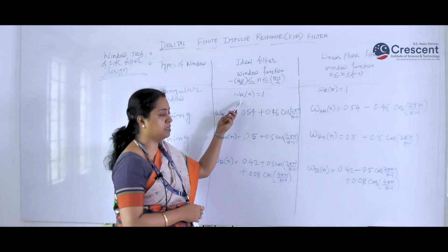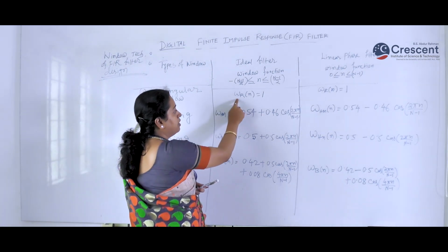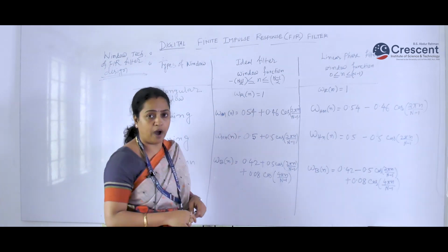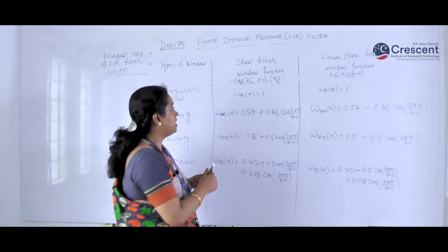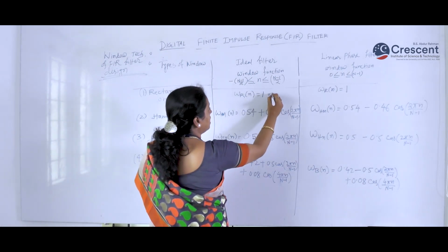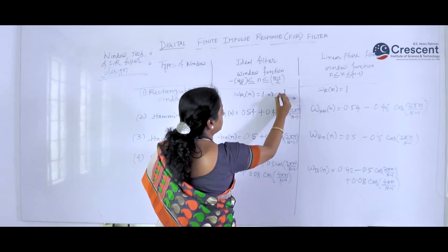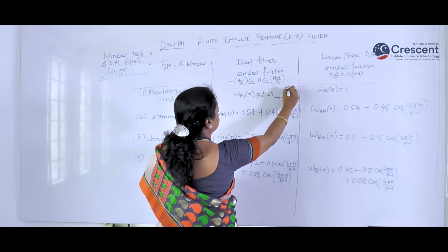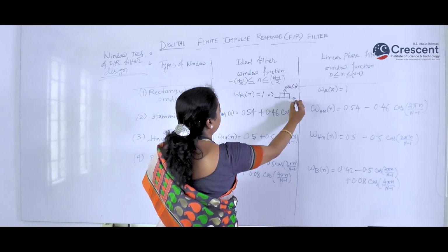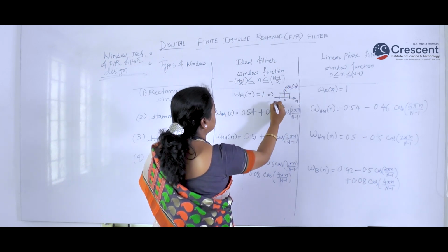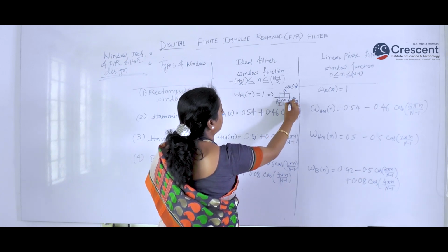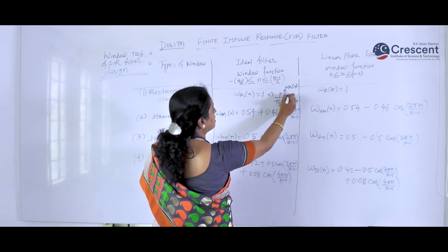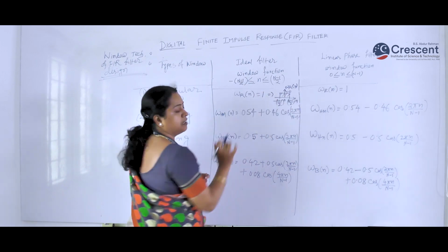Why? Because it is very simple: the window WR of n is equal to 1 in this range. If I consider this as WR of n and this is n, if this is 0, and this is minus (N minus 1) by 2 and this is (N minus 1) by 2, this value is equal to 1 in this range.